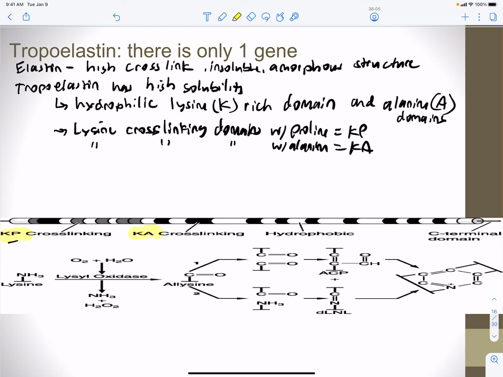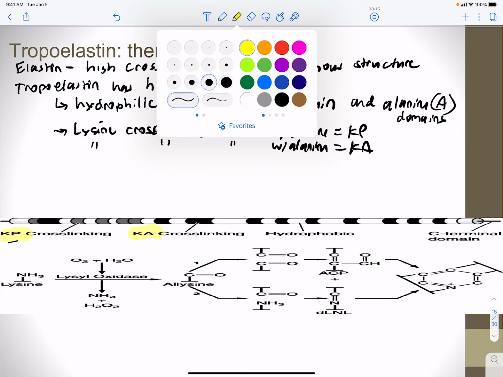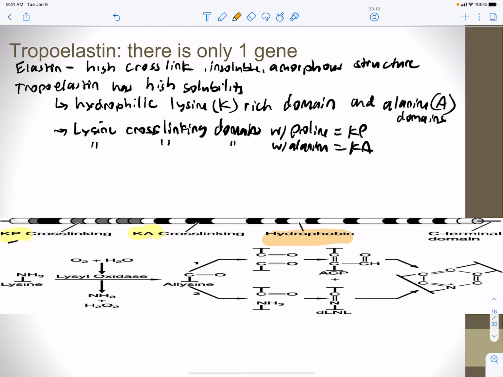And then interspersed between all of these are these white domains or white regions, and these are hydrophobic. So we have our hydrophobic domains here. You also have a hydrophobic region which is rich in valine, proline, or glycine.